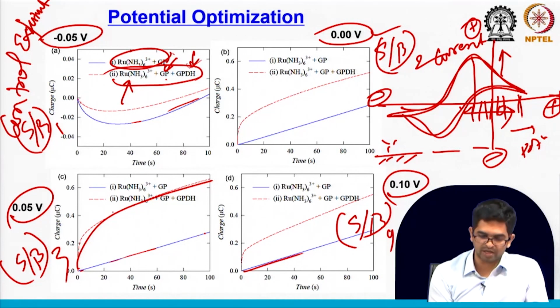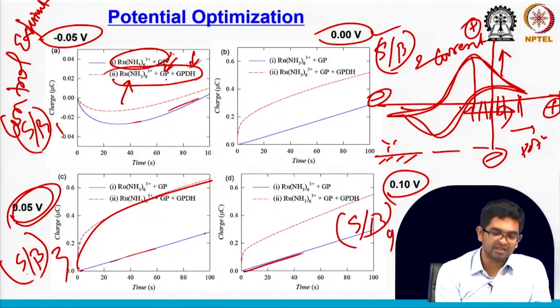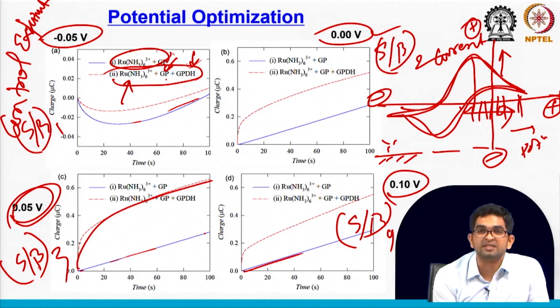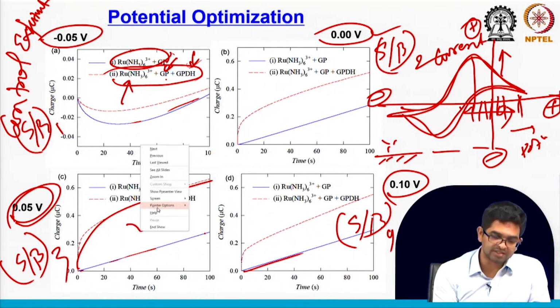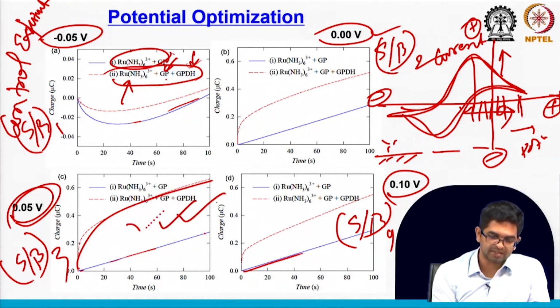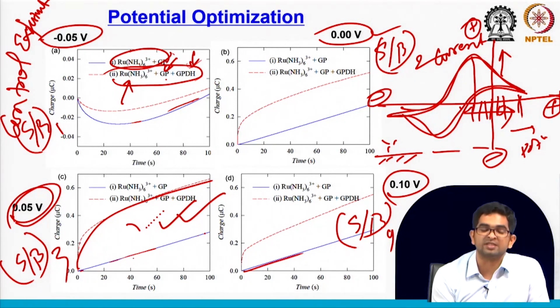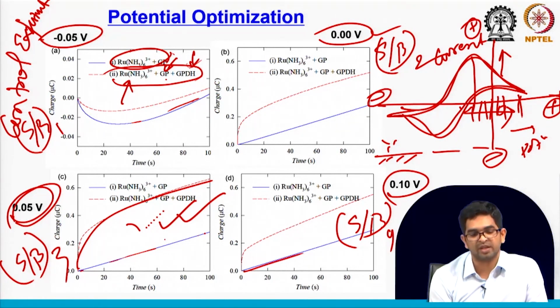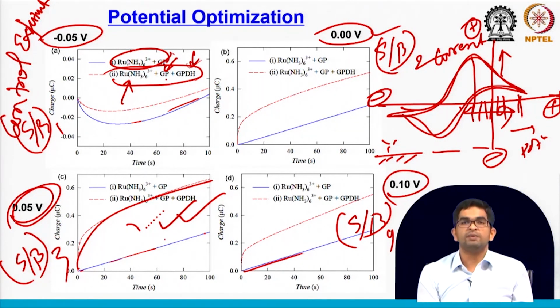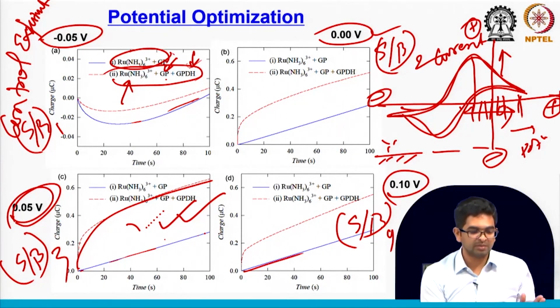From here we have seen that at this potential the S by B value is the highest. So then we can select, okay, let's fix this potential. This is the optimized potential. This potential we can apply for the wash-free biosensor. Like this way we can optimize the potential parameter.